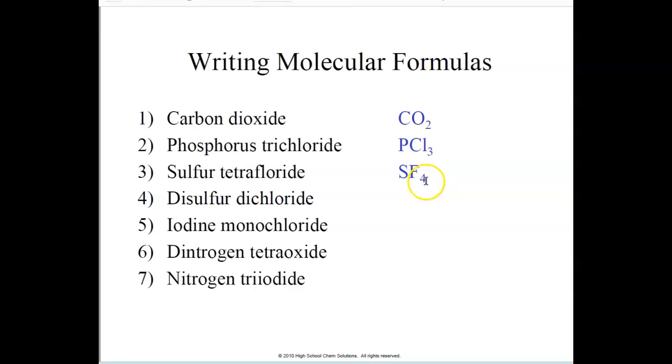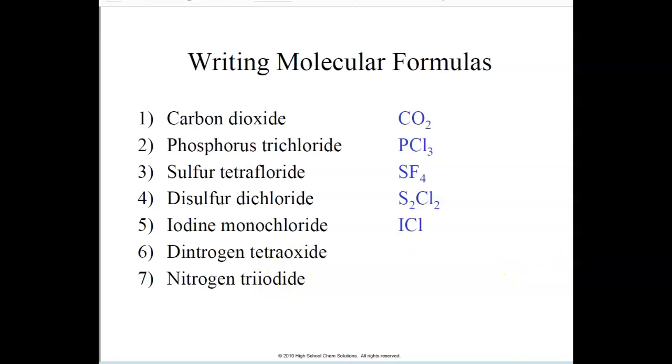And we indicate that number 4 by the little subscript, in case you've forgotten. Disulfur dichloride: 2 sulfurs, 2 chlorides. Iodine monochloride, ICl: 1 iodine, 1 chloride. And notice that the second element changes its name from oxygen to oxide, chlorine to chloride, just like in ionic compounds.